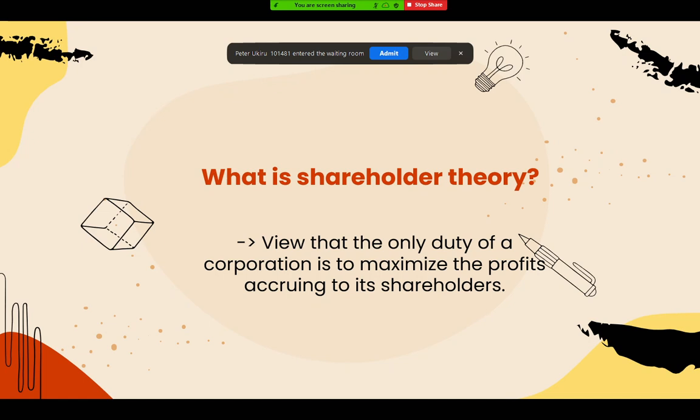It is a traditional theory which forced corporations to return the maximum possible returns to the shareholders, who are the people buying shares in the companies. In cases where these companies do engage in other things apart from making money, they could be removed from the board of directors, or these shareholders would consider selling the shares they hold in the companies.